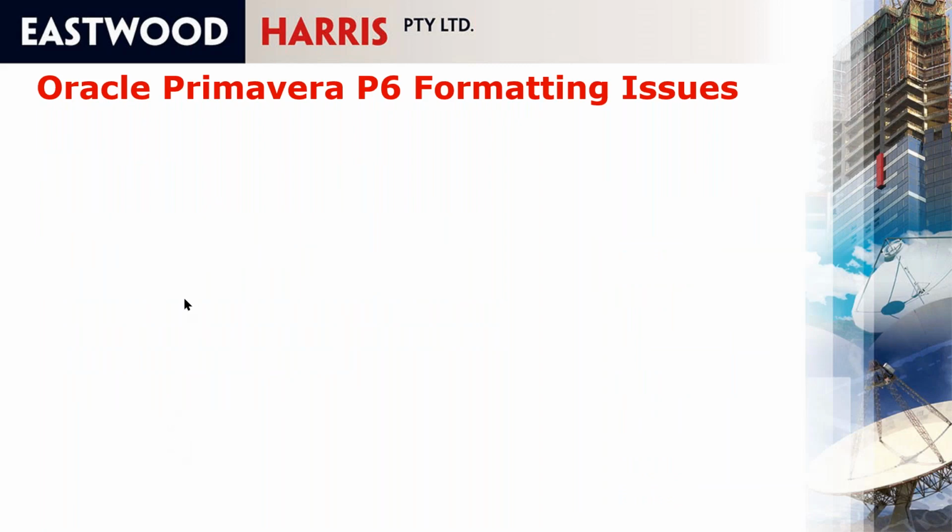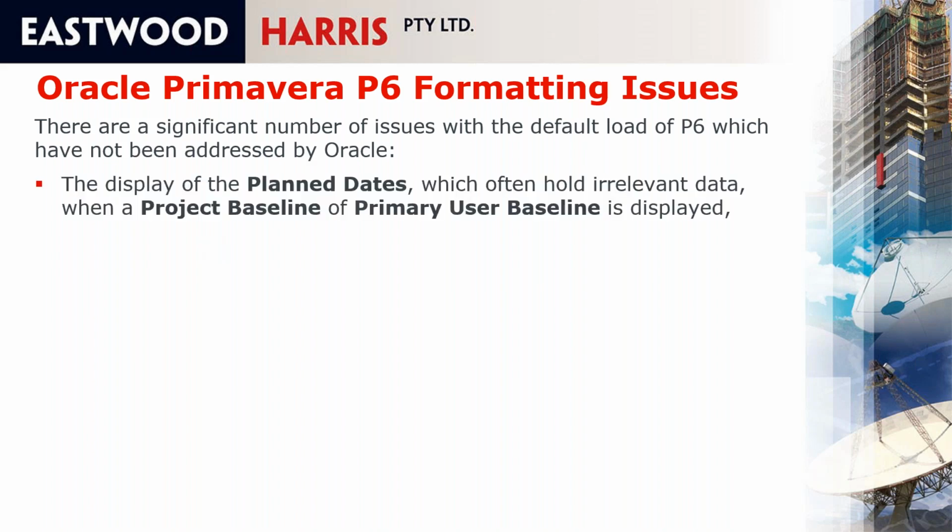So what are the Oracle Primavera P6 formatting issues? Well, first of all, there are a significant number of default layouts which have not been addressed by Oracle Primavera. What I find is that all the bar formatting of all the views that come with the product are not good.